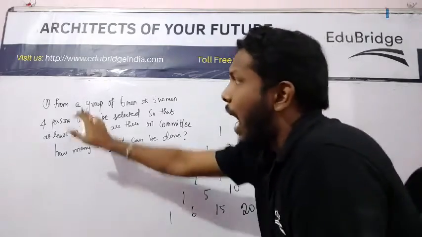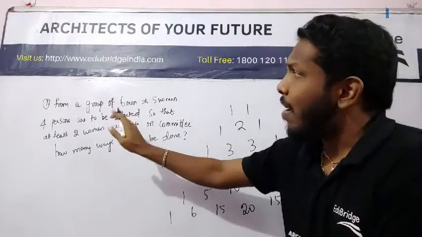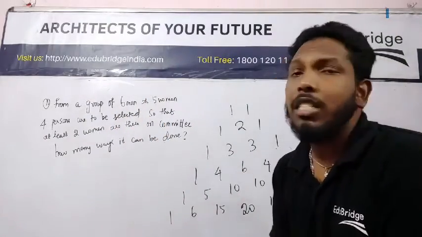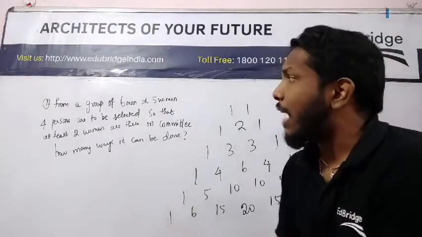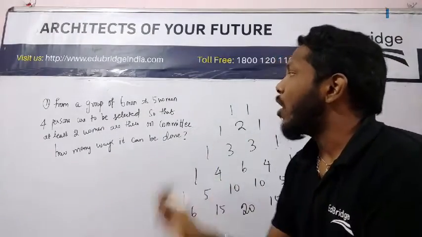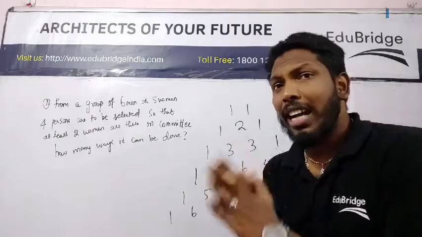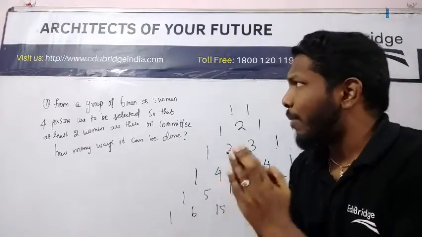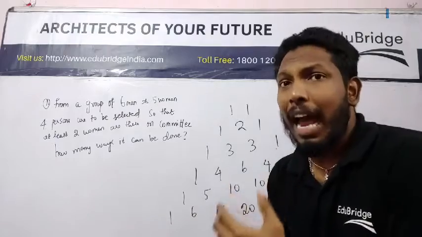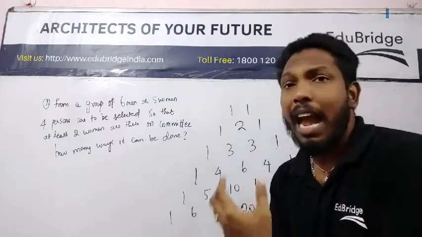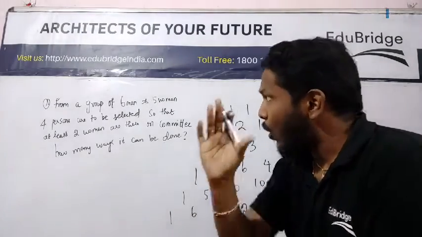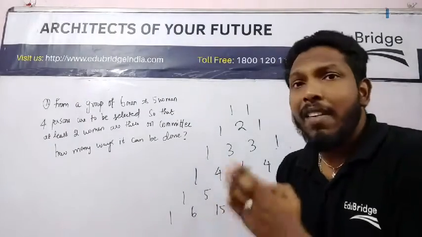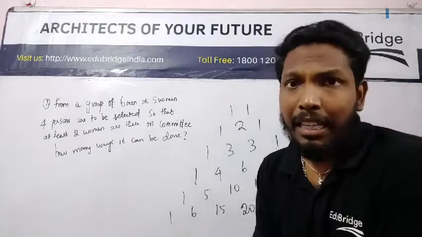So now look at this. I'll be reading the question for you. From a group of 6 men and 5 women, 4 persons have to be selected so that at least 2 women are there on the committee. So here the question is, they are going to form a committee from a group with 6 men and 5 women, where 4 persons will be in the committee.